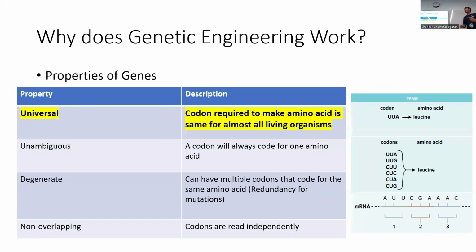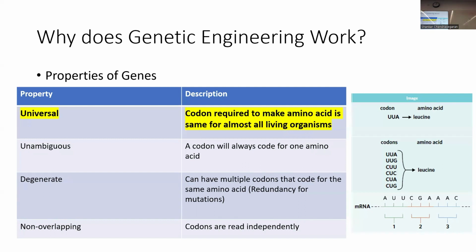Okay, so why does genetic engineering work? People don't even ask this question a lot, but why is it we can take a gene from some other random organism and then plop it into an organism like us or any other organism and just expect it to work, just expect it to be fine, not cause any troubles?